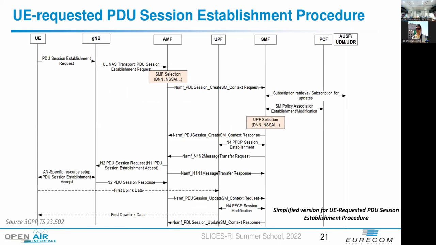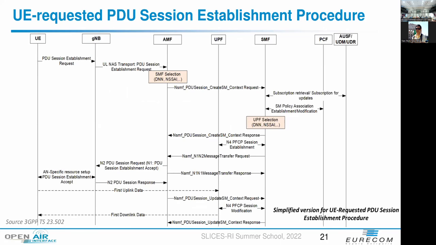And then we send the PDU session establishment request to the gNB. Of course, it's a NAS message. gNB uses uplink NAS transport, basically NGAP, to convey the NAS message to the AMF.